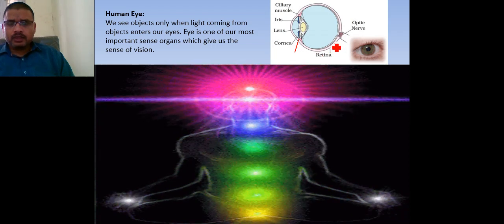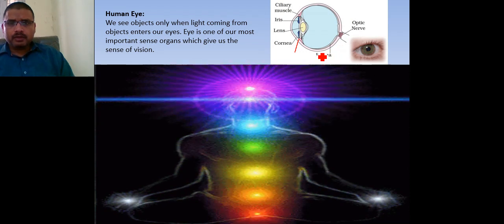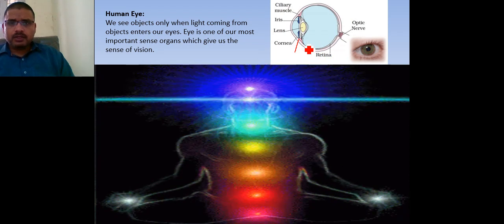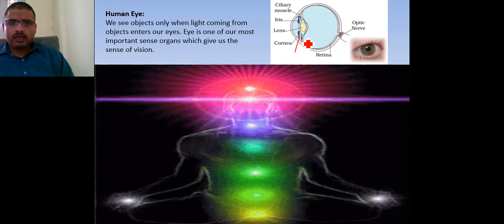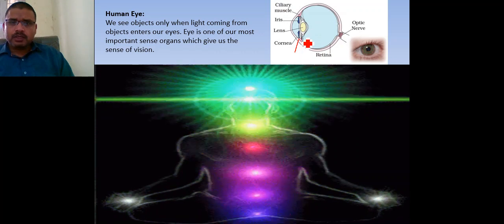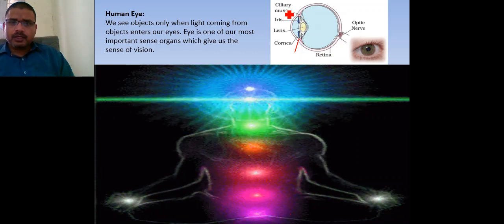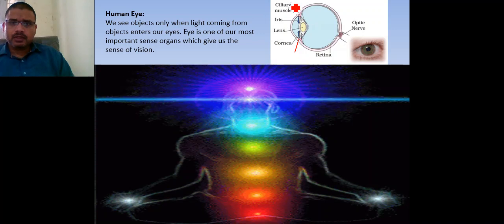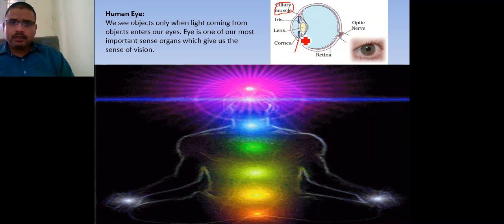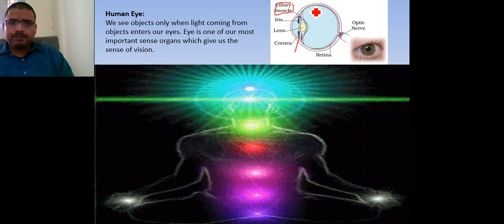After that come the ciliary muscles, which are written here. You can see these ciliary muscles are joined with the iris part. This blue part is the iris, and it is attached to the ciliary muscle. There is a lens by which we can see the object.